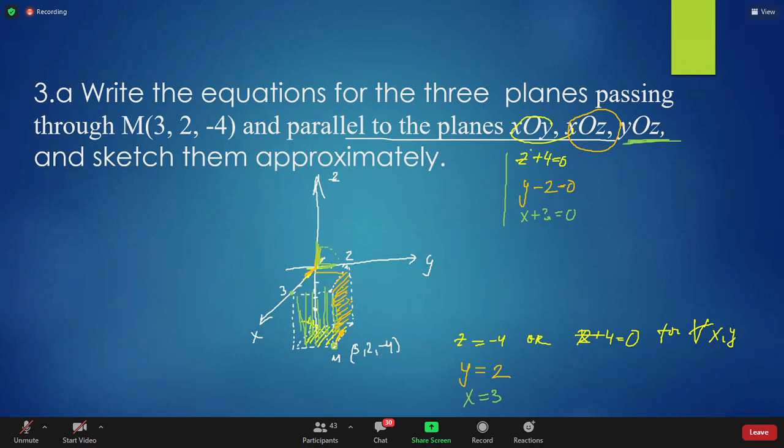For example, where we say z has to be -4, that simply means that x and y can be anything in that plane. We could think in 3 dimensions, it might look like this: 0x plus 0y plus z plus 4 equals 0. So we see the normal vector is (0, 0, 1). It's the vector k.